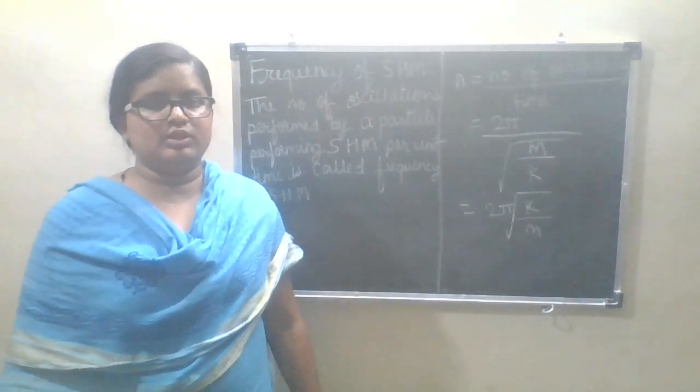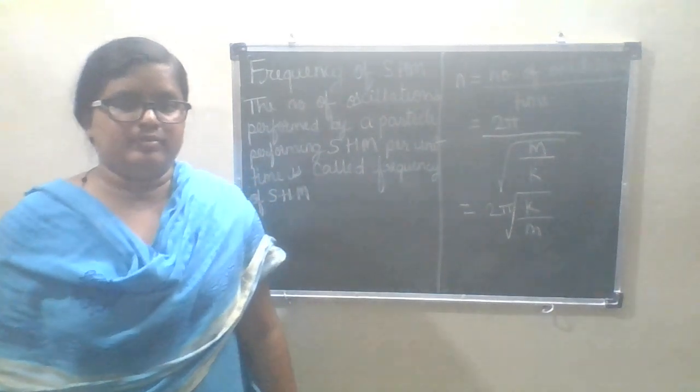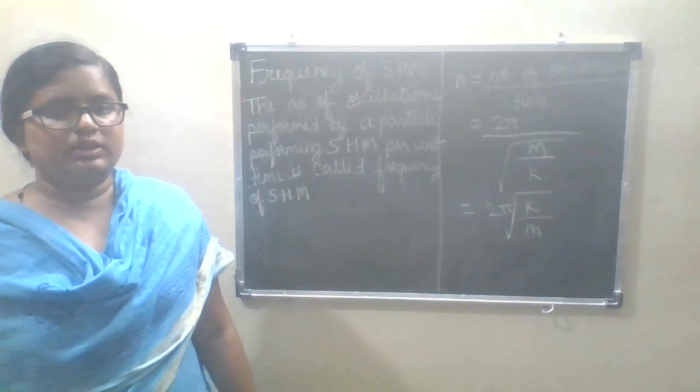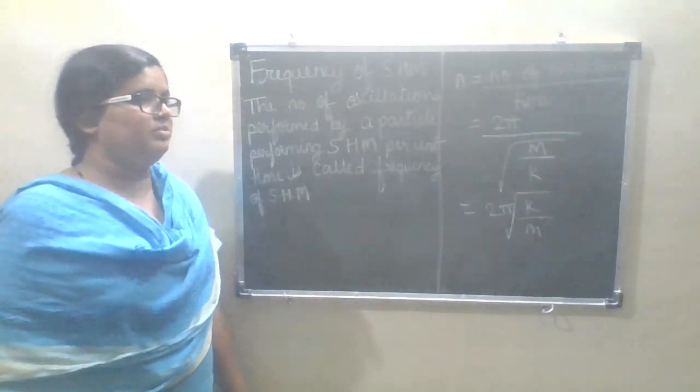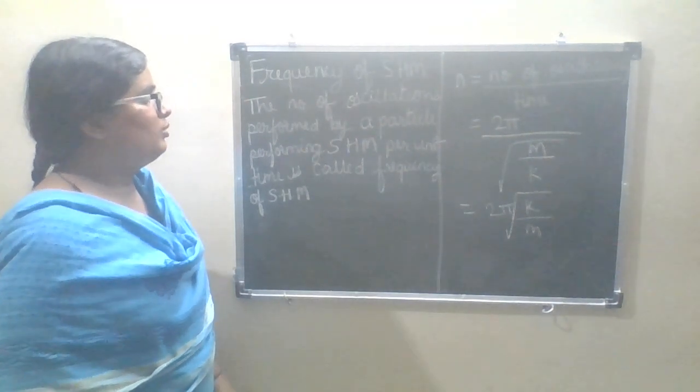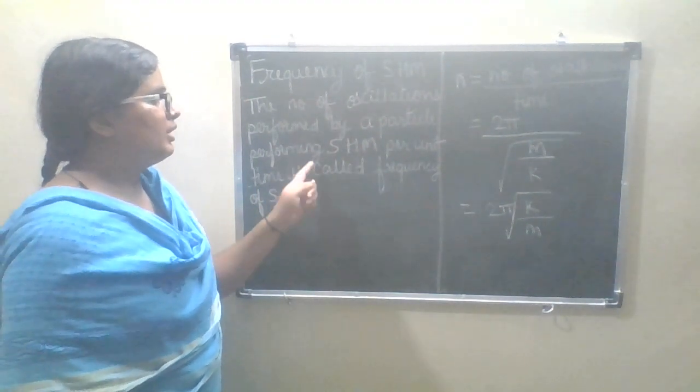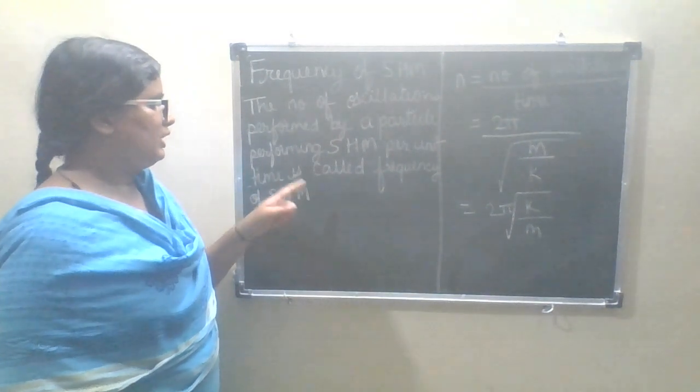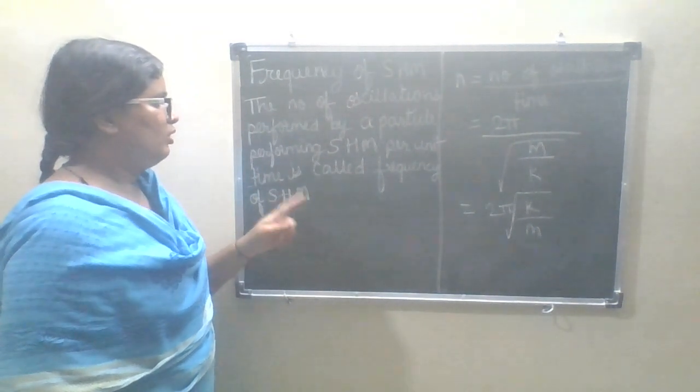Now we will study what is the frequency of SHM. The definition of the frequency of SHM is the number of oscillations performed by a particle performing SHM per unit time is called the frequency of SHM.